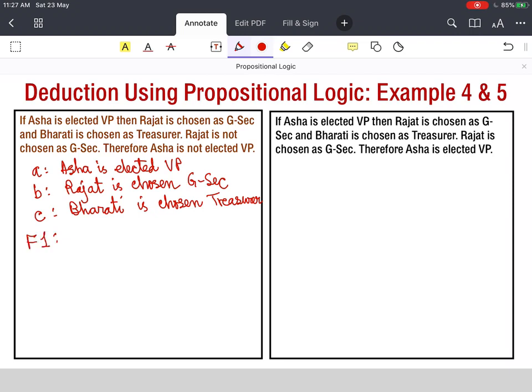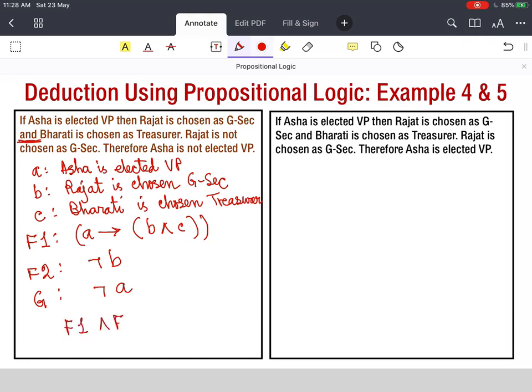And then we start coding our sentences. Our first sentence F1 is if Asha is elected VP, then Rajat is chosen as GSEC and Bharati is chosen as treasurer. So A implies B and C. F2: Rajat is not chosen as GSEC, so not B. And our goal is Asha is not elected VP, which is not A. So if we want to put it clearly, this will be in these brackets.